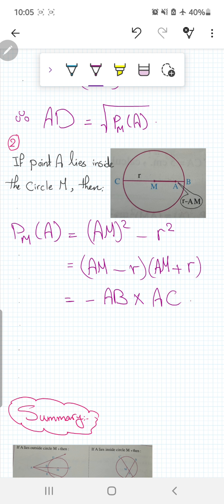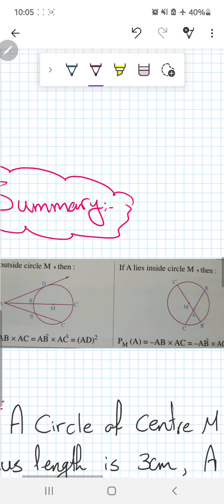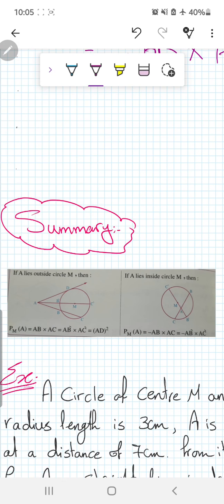Here, the power of a point inside the circle equals negative the length of AB times AC. Here we have the summary. If A lies outside the circle, the power of the point A equals AB times AC, which is also the tangent squared, AG squared.